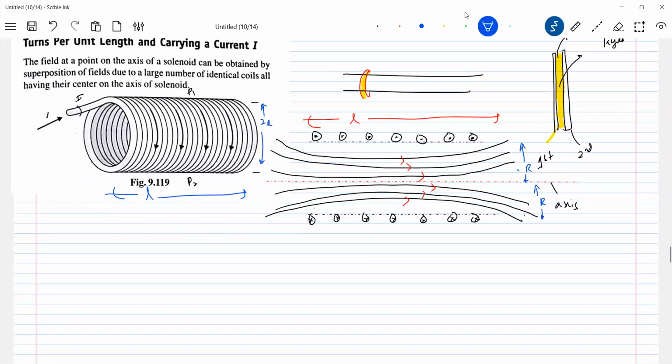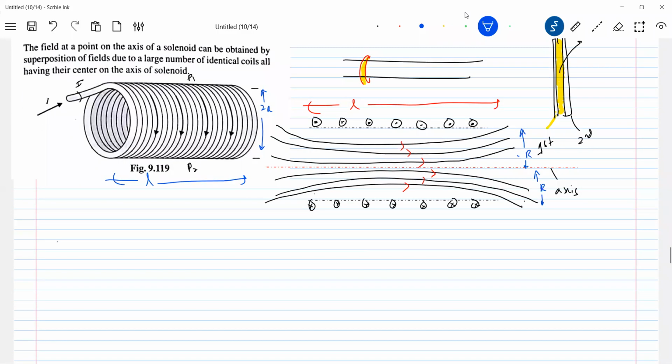Another current can enter anti-clockwise through a solenoid in the same diagram. The current can enter anti-clockwise, or it can come out. So how to represent the same solenoid again? Here the current is, this is the current.